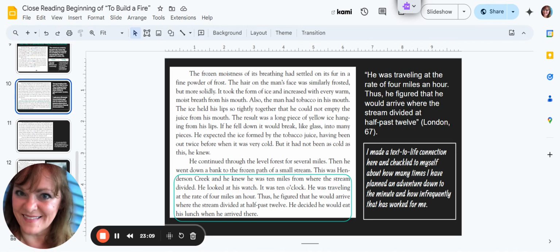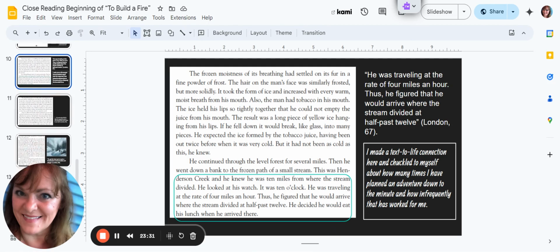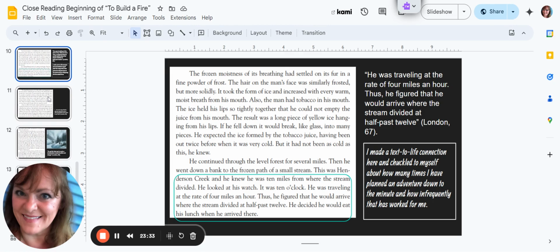Like I said, I'm a camper and a hiker, and I've planned things down to the last minute. And I laugh to myself about how infrequently that has worked for me. It almost seems like life plays a joke on me, right? The more I plan things down to the last minute, the more things go awry. So I made that text to life connection.